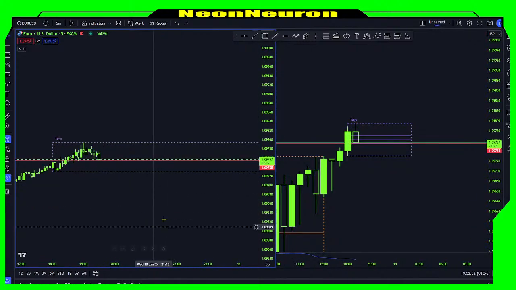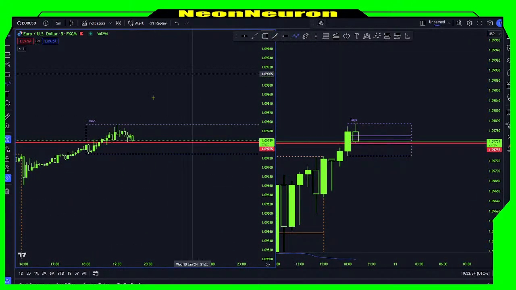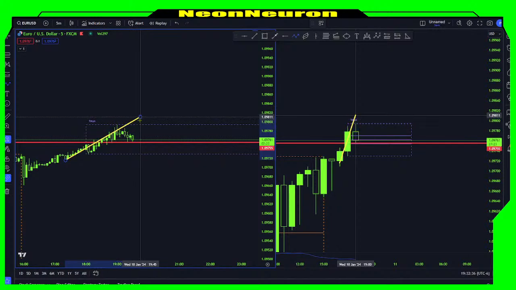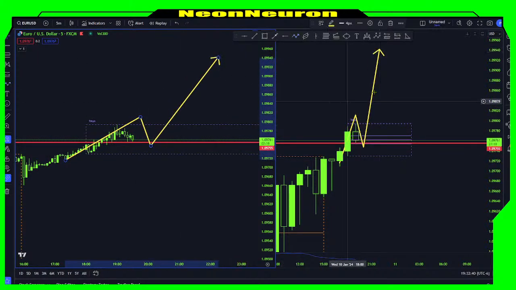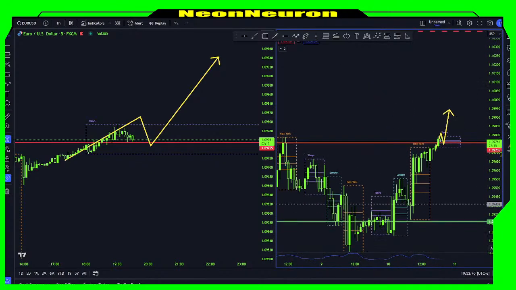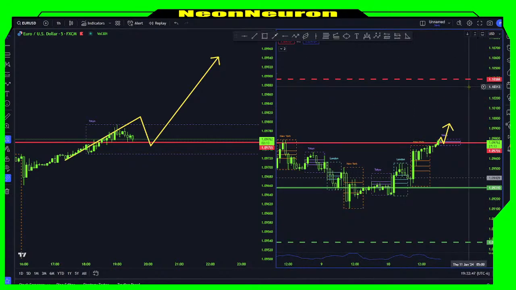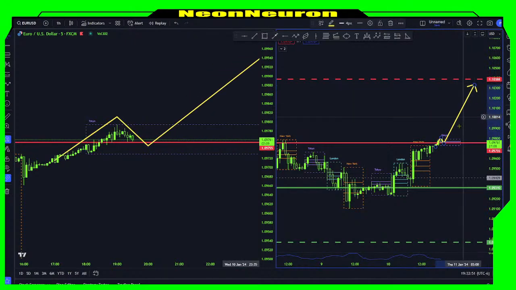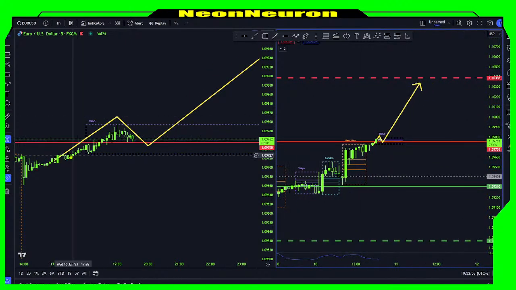We may see price bounce around here, come up, break, bounce here, and then continue upwards, where the original goal, about 10, that's the original target right there. That's what we're looking at.